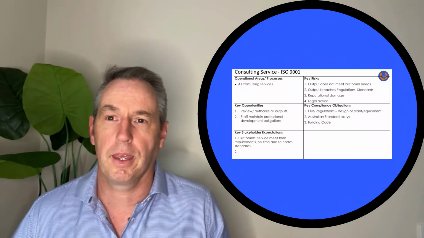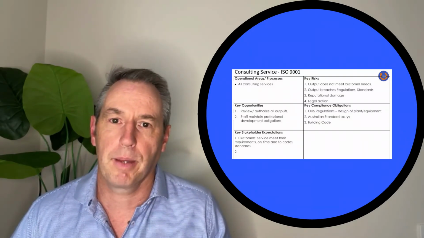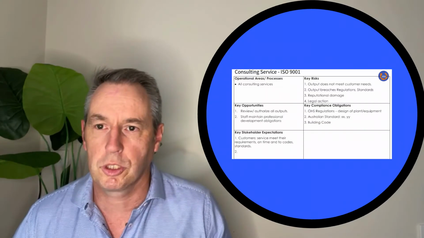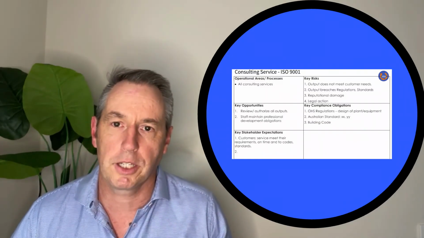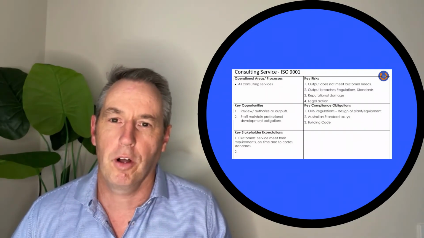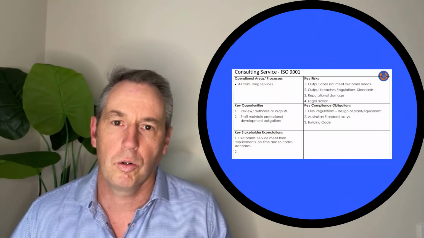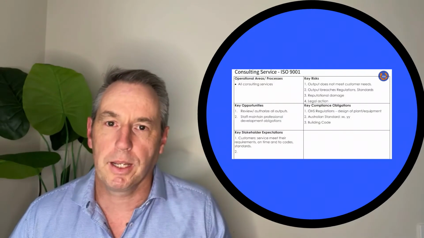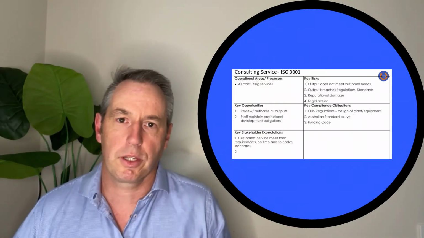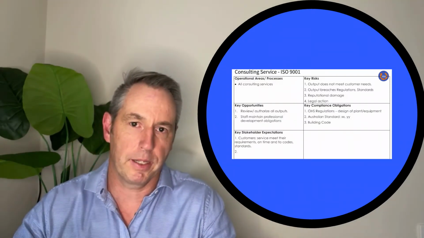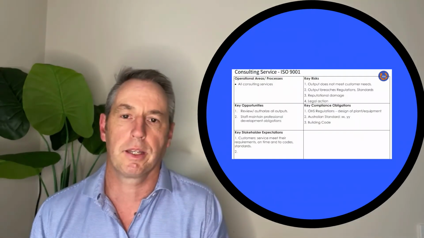What's the scope there? They can start to think again about some of their key risks, opportunities and compliance obligations that might come out of that. To follow that little example, for most design or engineering businesses, a really important issue is their outputs, be it a specification, a report, a drawing.